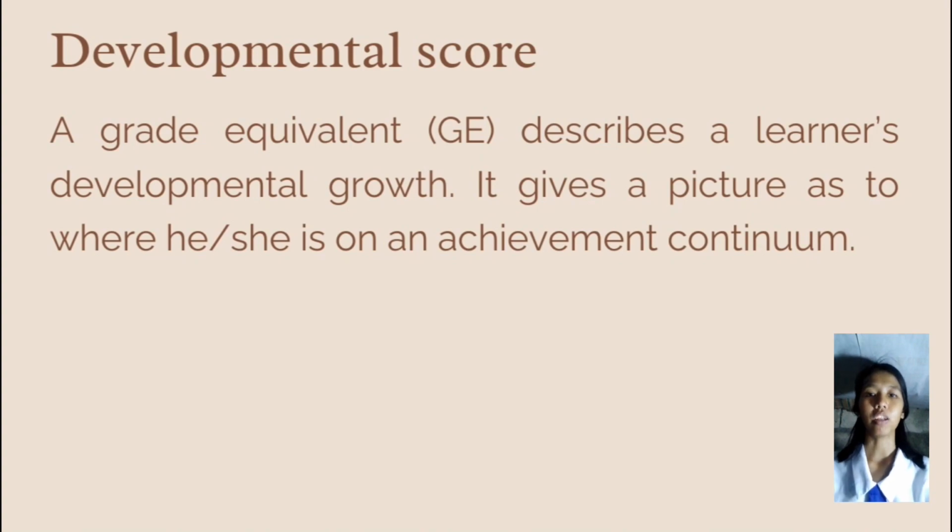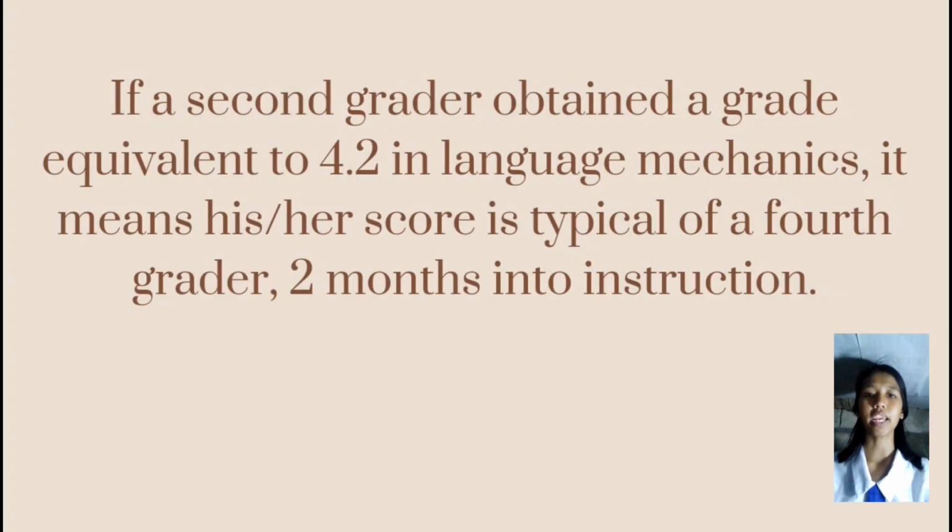For example, if a second grader obtained a grade equivalent of 4.2 in language mechanics, it means his or her score is typical of a fourth grader 2 months into instruction. Note that GE is an estimate of a learner's location in the development continuum and not the grade level where he or she should be placed.